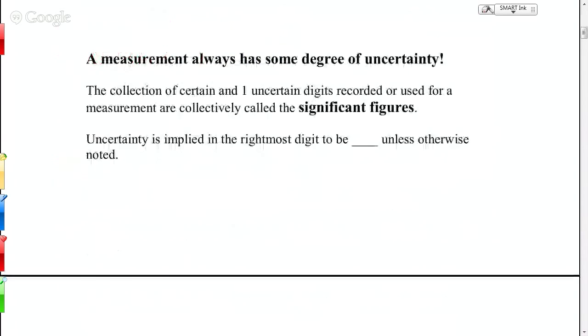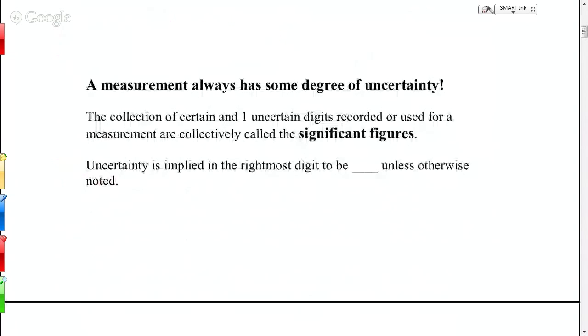Okay, so now this is often a little bit confusing, but all of those digits are considered significant, even the uncertain one. So the significant figures are all the certain digits plus the one uncertain one. They all count as significant. So when you're looking at how many significant figures your measurement has, you need to include all of those.